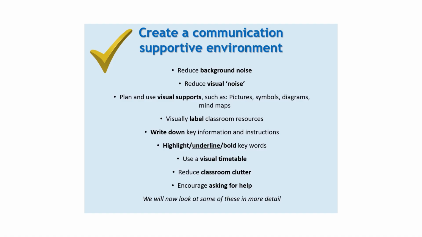Plan and use visual supports such as pictures, symbols, diagrams, and mind maps. Visually label classroom resources. Write down key information and instructions. Highlight, underline, and bold keywords. Use a visual timetable. Reduce classroom clutter. And encourage asking for help. We will now look at some of these in more detail.